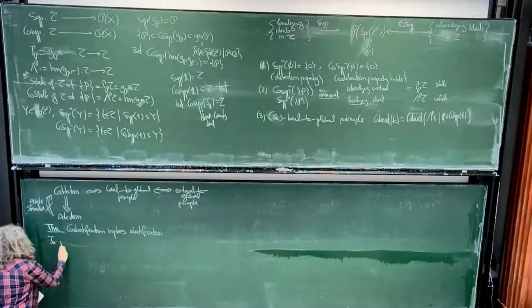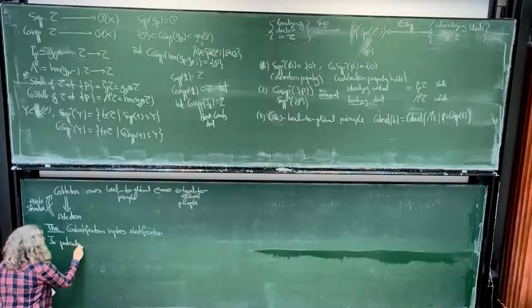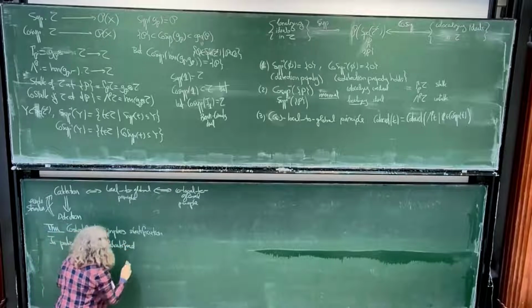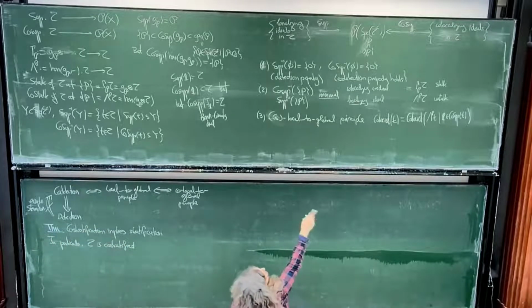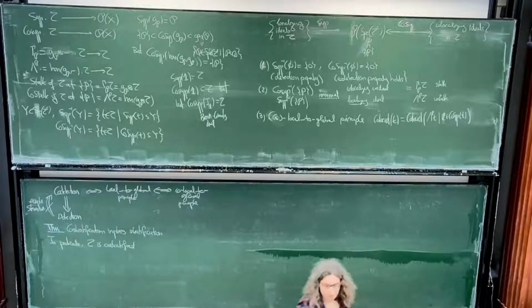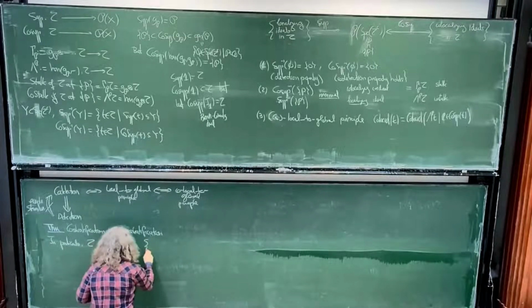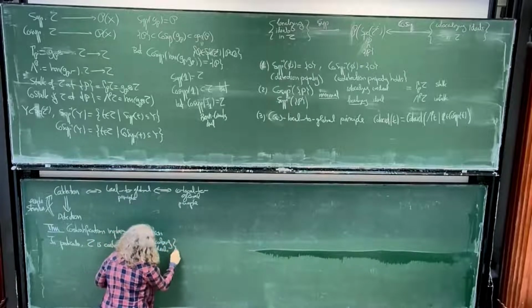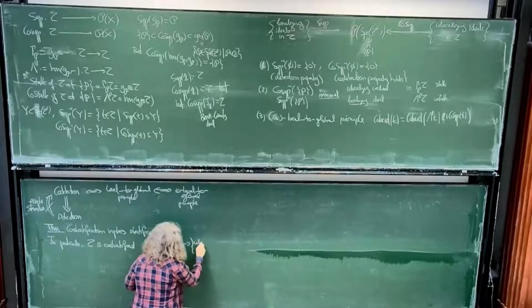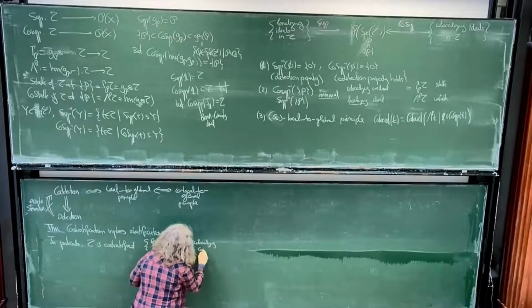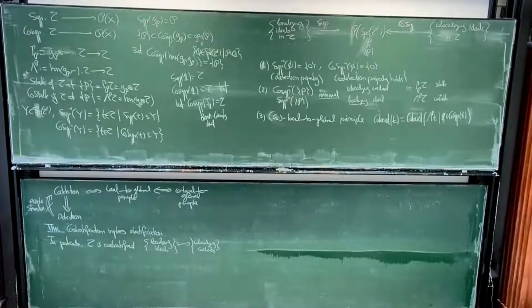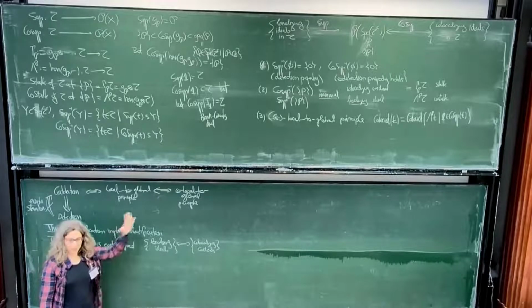In particular, if these are co-stratified, there is a bijection between localizing ideals and colocalizing coideals, just by taking the orthogonals. So this gives you something stronger than just stratification.